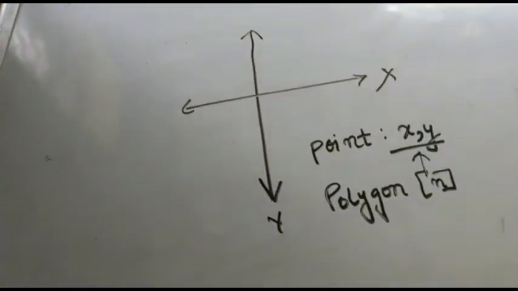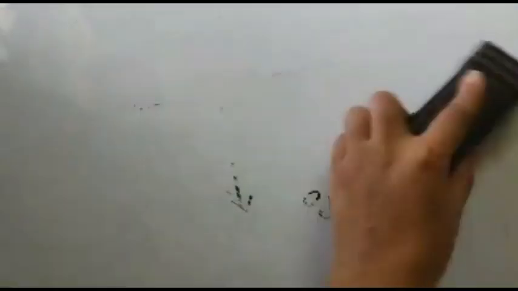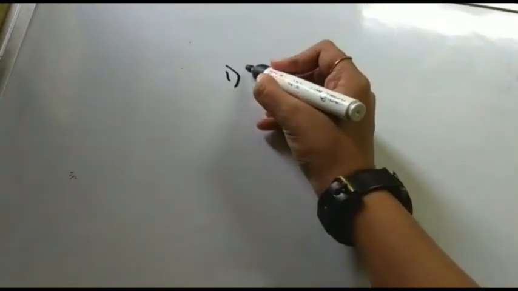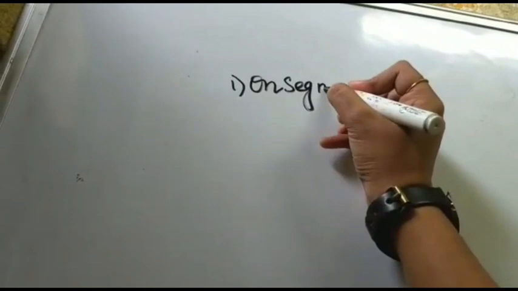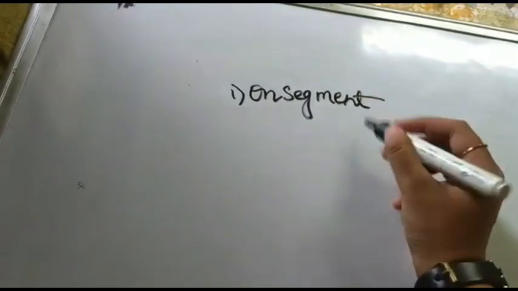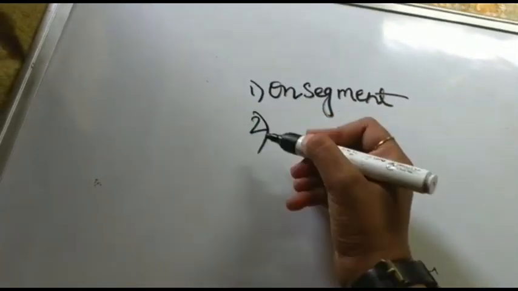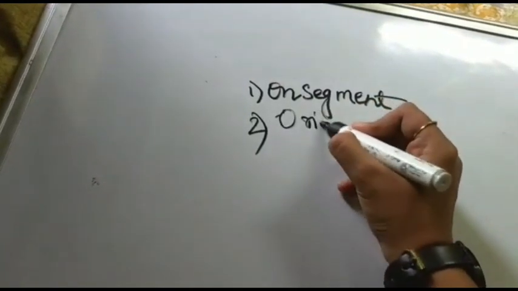Now how do I approach this? My approach to the problem will happen in 4 different steps. The first step I am going to call on segment. This is actually a function. All these steps are functions. The second step, let us say, orientation.